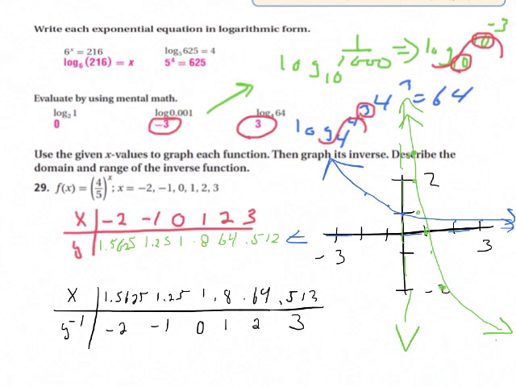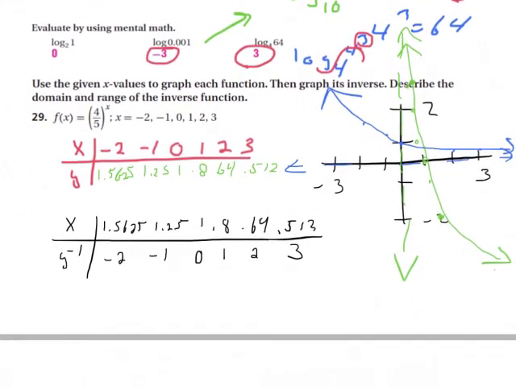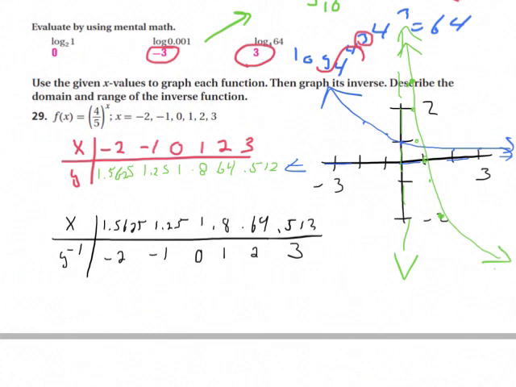Okay, let's see if we've done everything here. It says find the values, graph the inverse, describe the domain and range. For the domain and range, something you need to remember: for these types of functions, and you can look at the graph and see this, the domain of the original function is -infinity to +infinity, and the range is 0 to infinity.